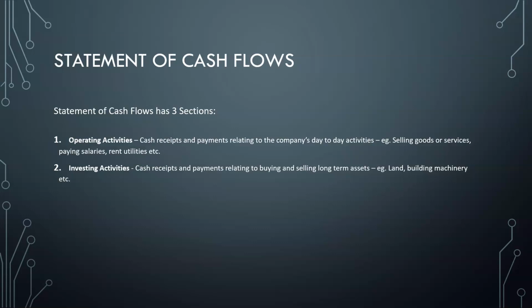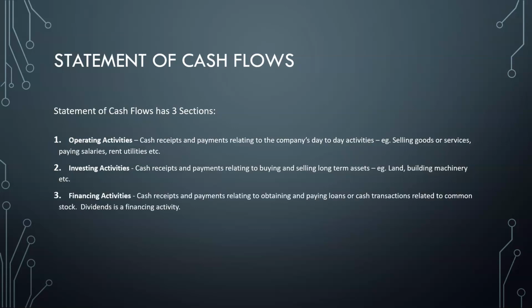So anything that lasts longer than a year that the company uses is a long-term asset. Things like land, building, machinery, etc., all those would be considered investing activities if the company buys or sells them during the year.